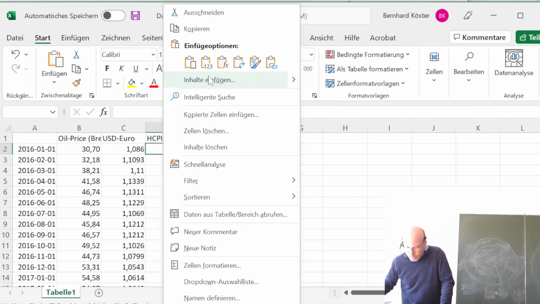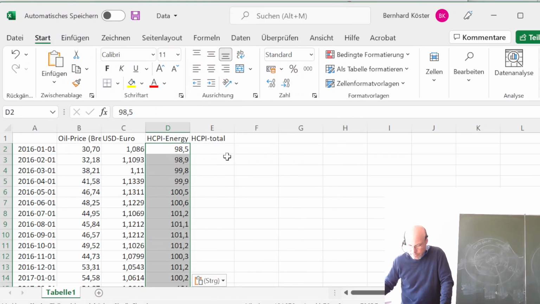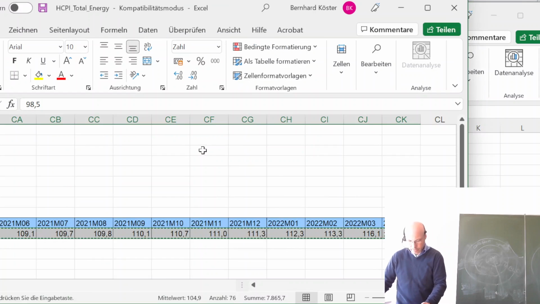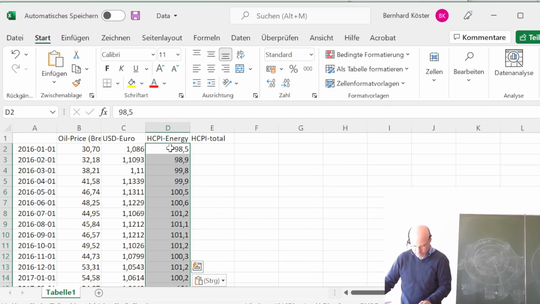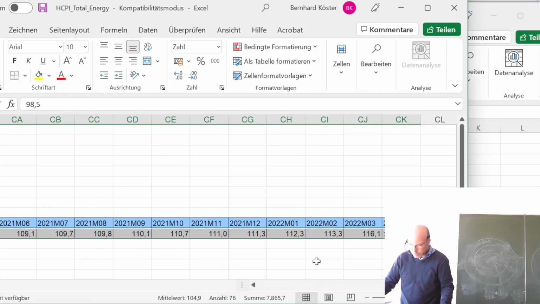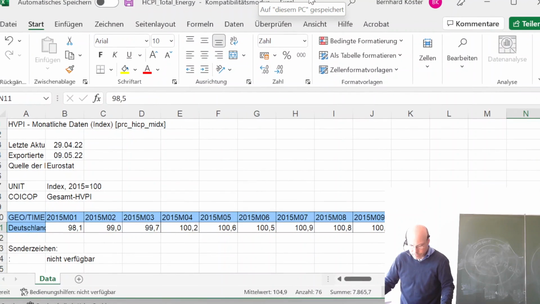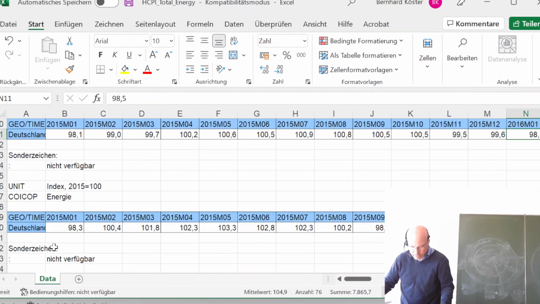and this we have to transpose, only numbers, and this was total and the energy component. Let's move this onto here. You see this?